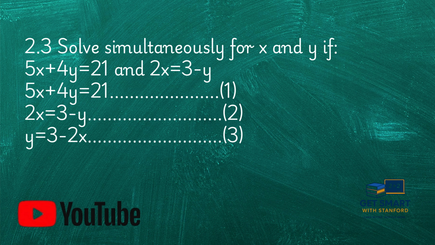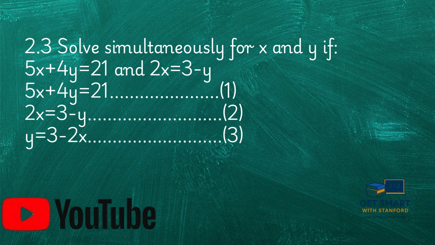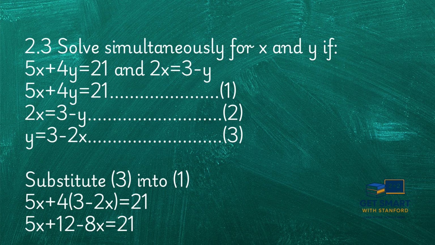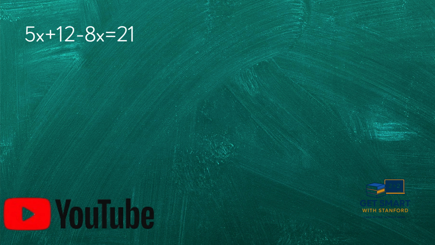From equation 2, let us make y the subject of the formula and call it equation 3. You can formulate equation 3 from equation 1 if that looks simple for you. You are not restricted from doing that. Now let us substitute equation 3 into 1. If you formulated equation 3 from equation 1, then you will substitute into equation 2.